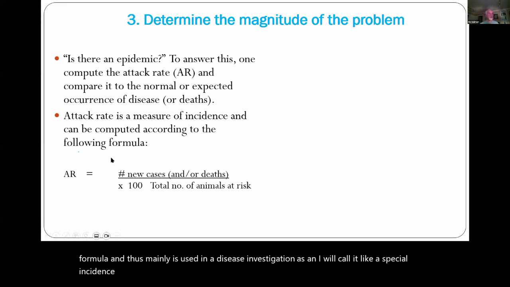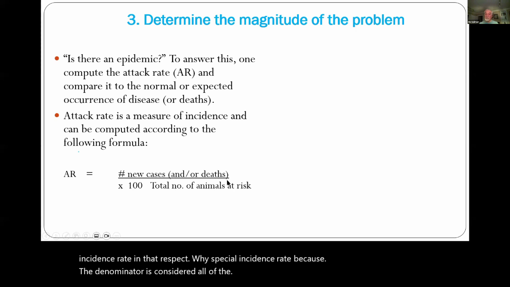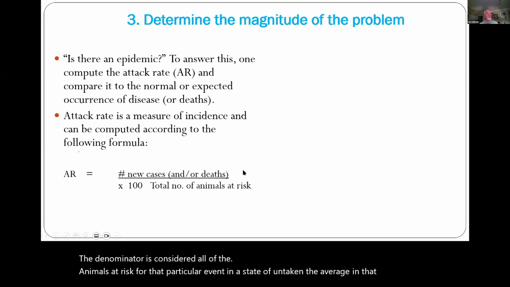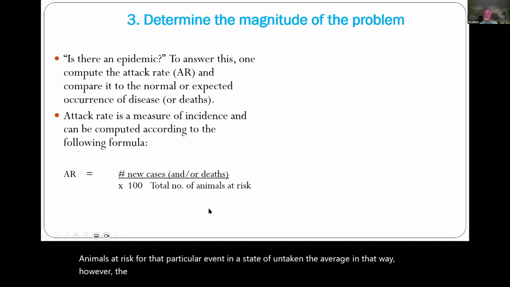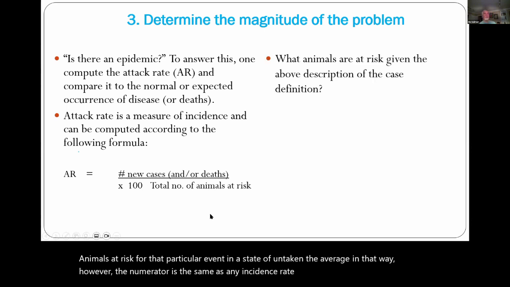Why a special incidence rate? Because the denominator is all of the animals at risk for that particular event instead of taking the average. However, the numerator is the same as any incidence rate that we know.